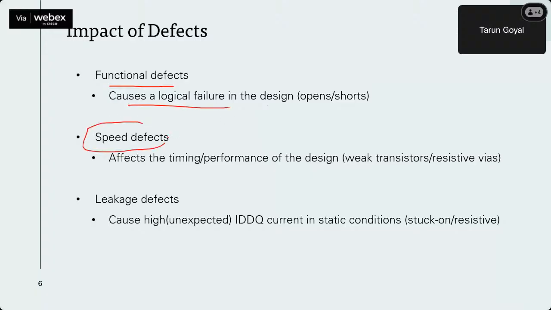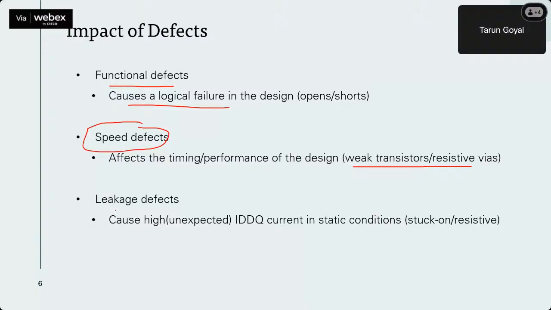There can be a speed defect, which may be detected today while we are doing manufacturing, maybe after 3 years, maybe after 10 years in the field. We call it slow to rise, slow to fall, a transitional defect. These are multiple weak transistors, which are potential issues with respect to speed defects.